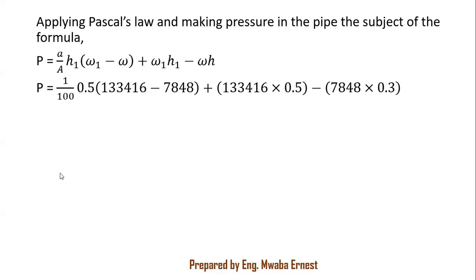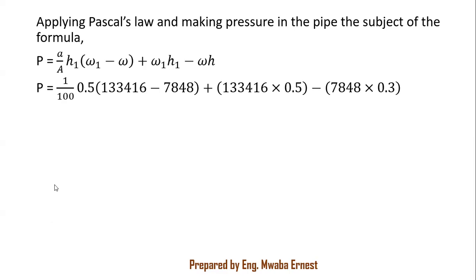When you do the substitution, you find that small a is 1, big A is 100, then H1 is 0.5. Then we proceed to say omega 1, which is 133,416 minus 7848.